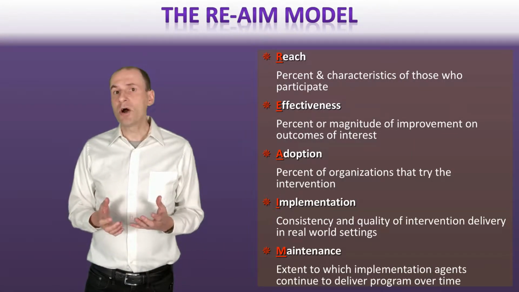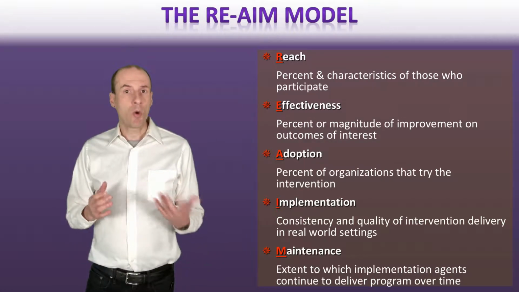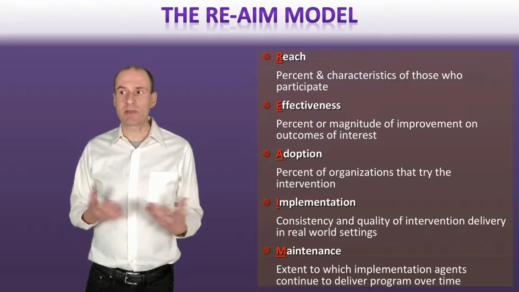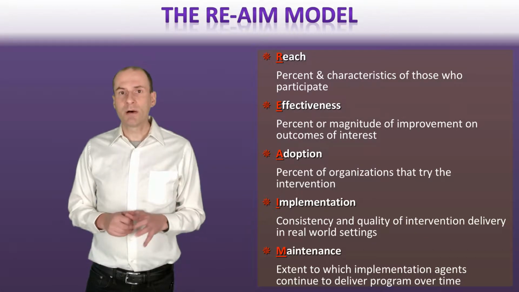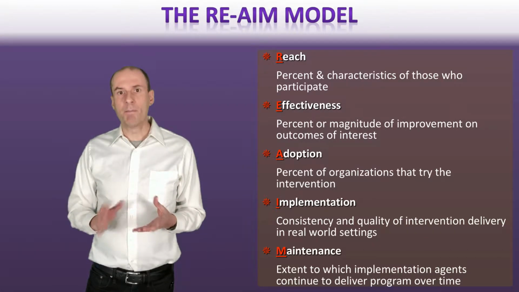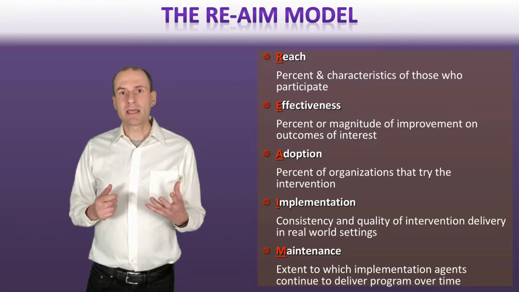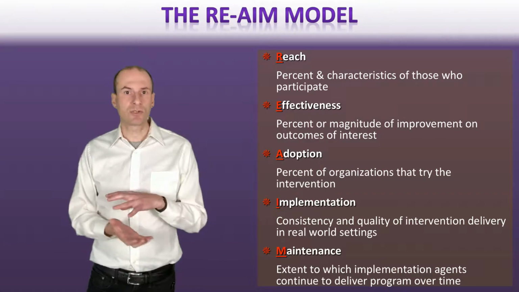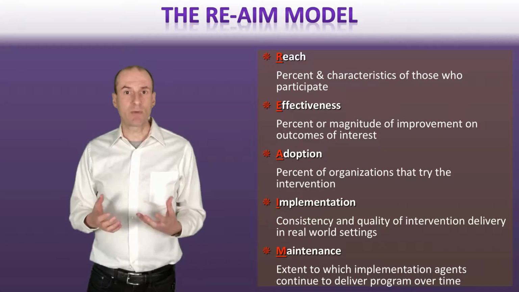There has been a fair bit of research and evidence to try to figure out why things work or not work, and what factors determine that. One of the models that's been encouraged over the last decade or so is called the RE-AIM model. It's based upon studying those interventions that don't work to try to identify factors that we can improve on.